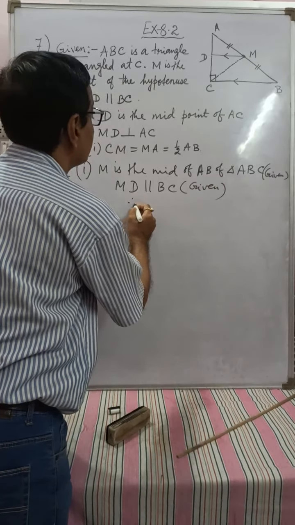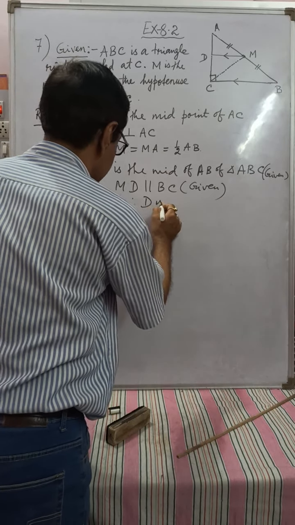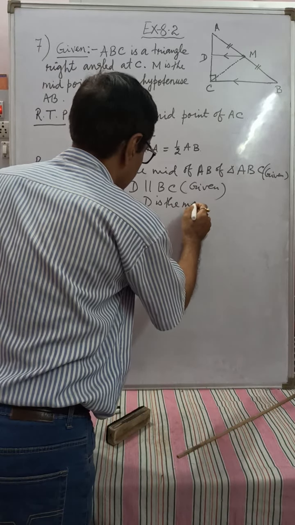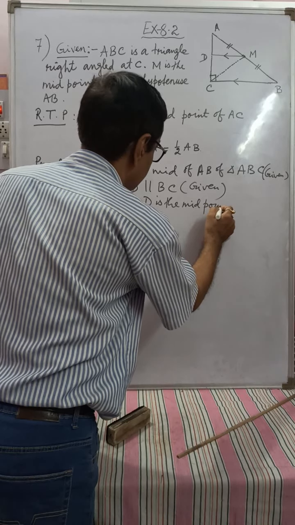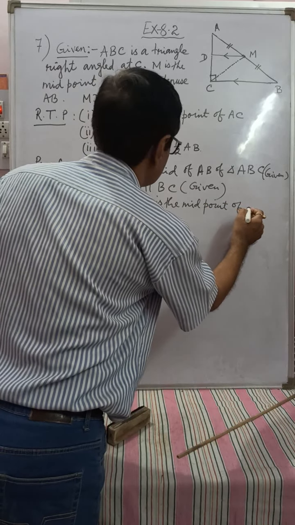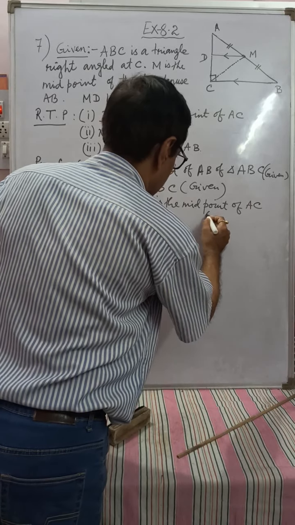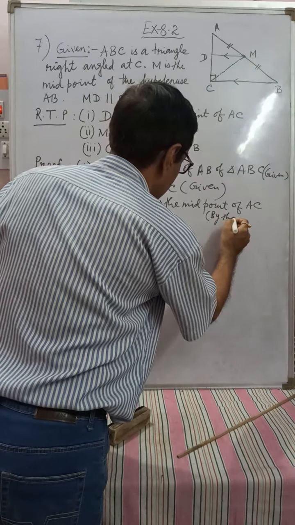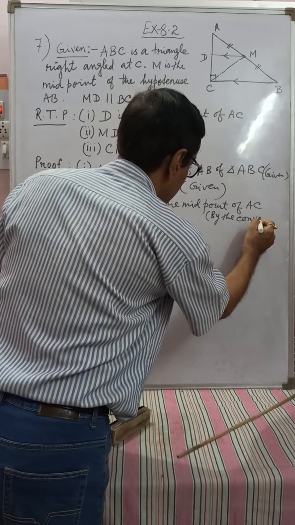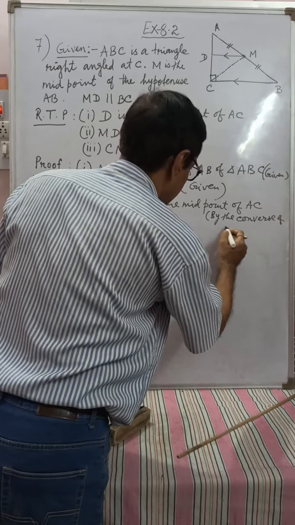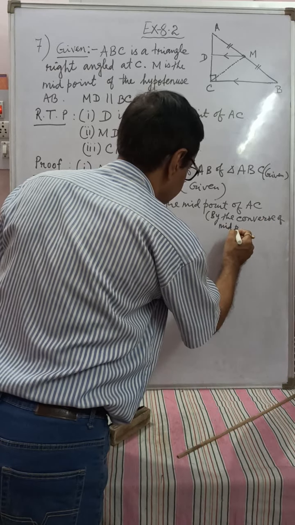So we can say therefore D is the midpoint of AC by the converse of midpoint theorem.